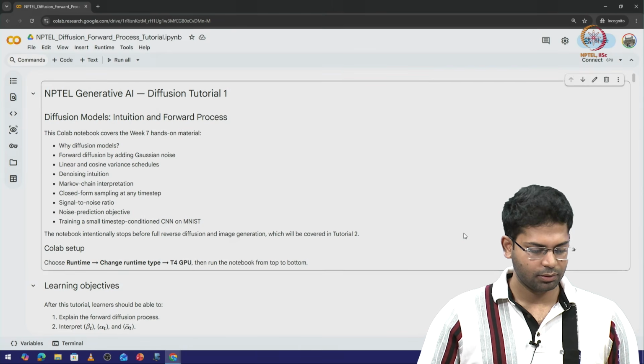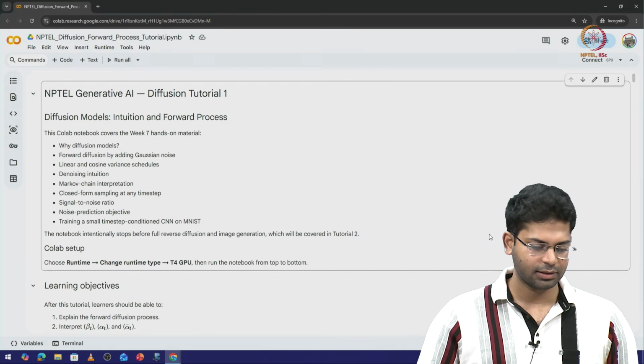So coming to diffusion models, the intuition and the forward process specifically, this tutorial covers primarily the lectures that are covered in week 7, and the hands-on material covers the primary questions about diffusion models, that are why diffusion models, forward diffusion by adding Gaussian noise.